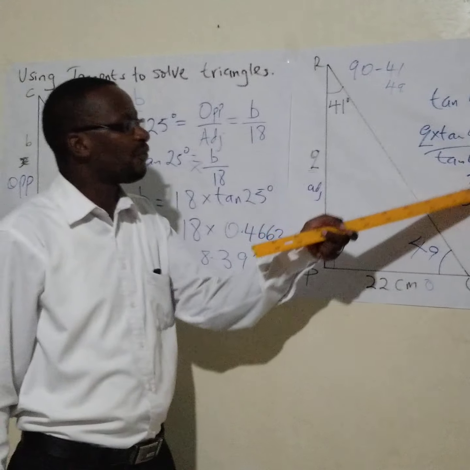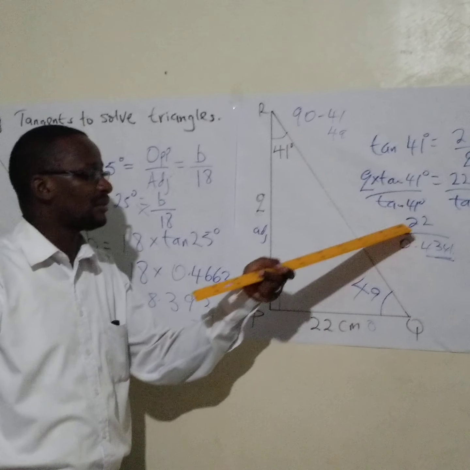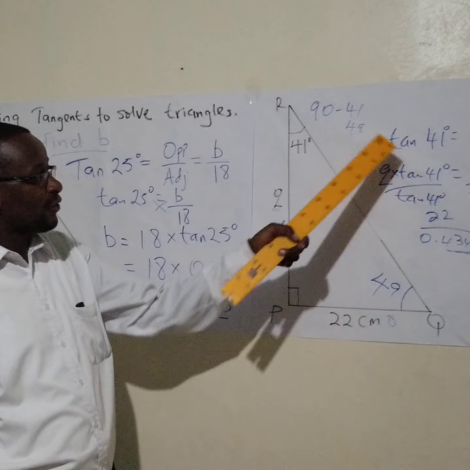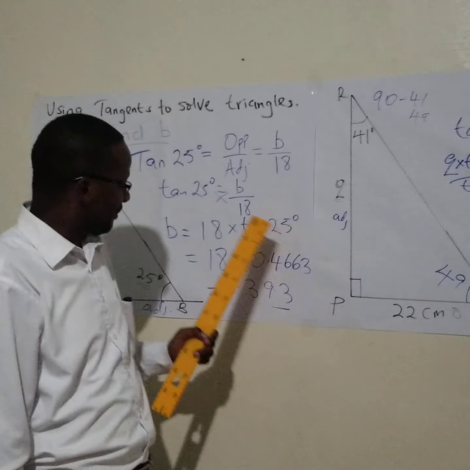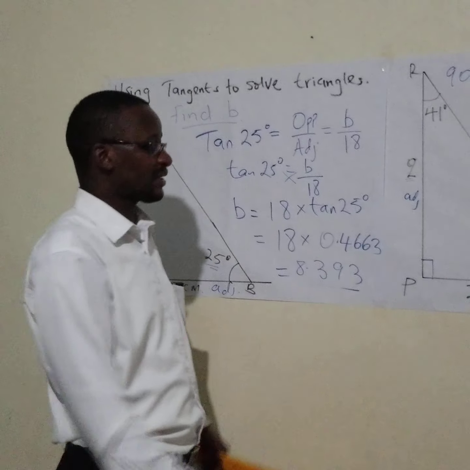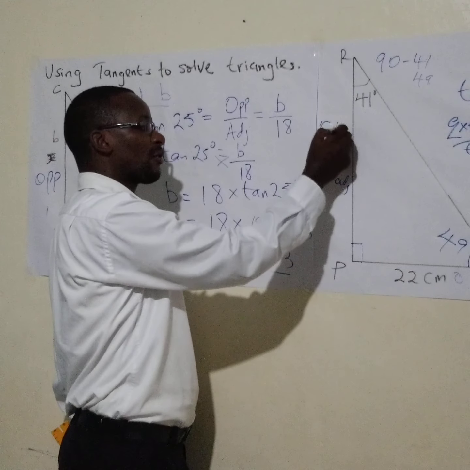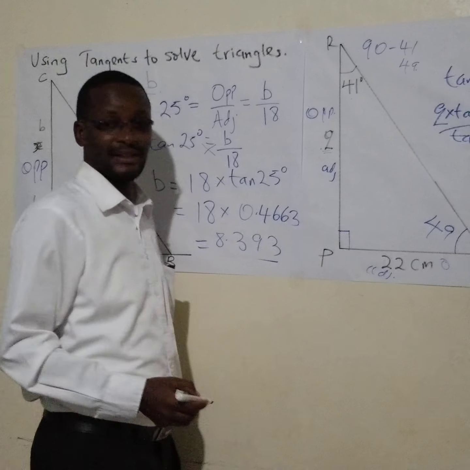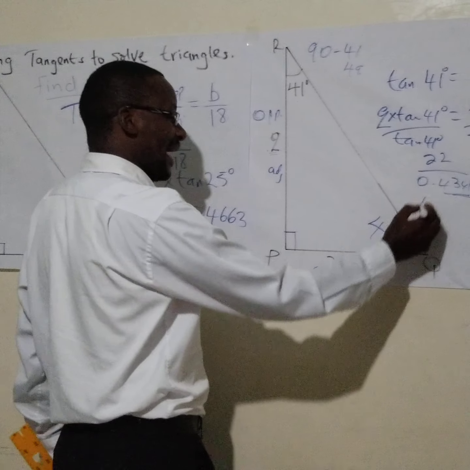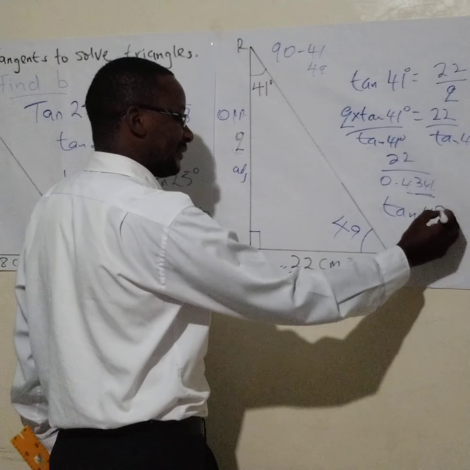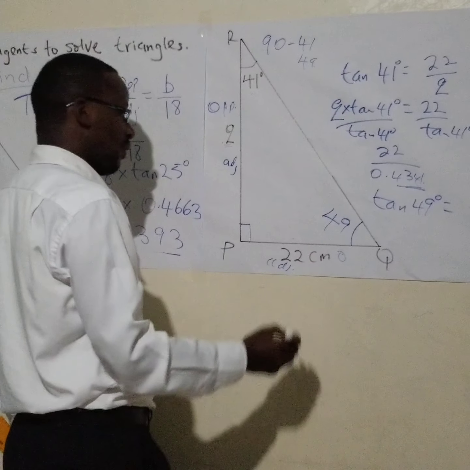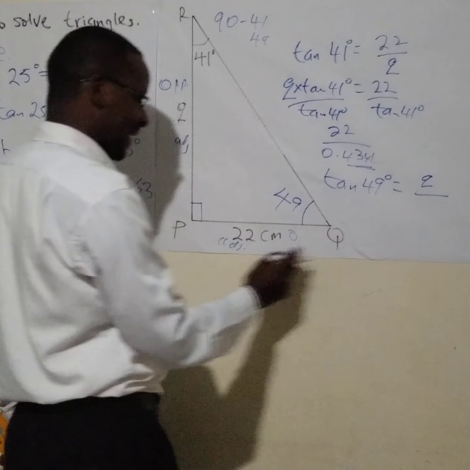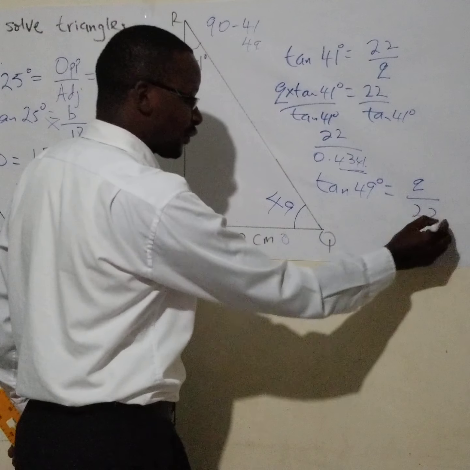For you, you will take a long time to divide this without a calculator. But when you use 49, it will be very close, because this side q now becomes opposite, and this 22 now becomes adjacent. So you will say tan 49 is equal to opposite, which is q, divided by adjacent, which is 22.